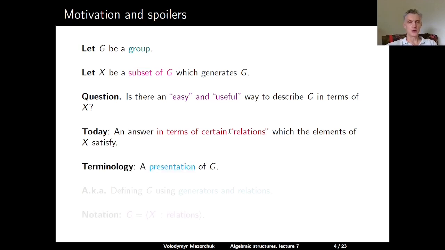All this together, generators and relations, is usually called the presentation of this group G, or definition of G using generators and relations. This is usually denoted: G is given by the generators X and a certain set of relations. We will talk about this later during this lecture.